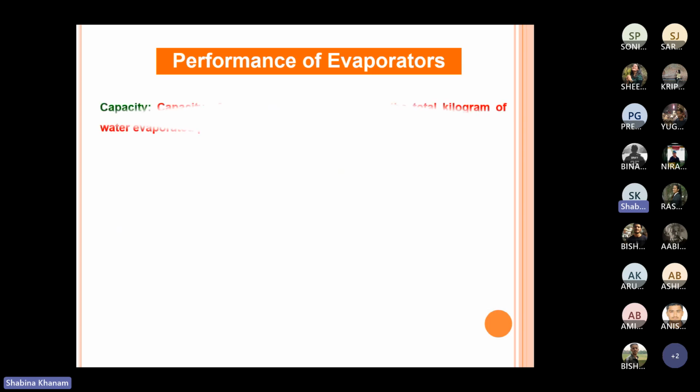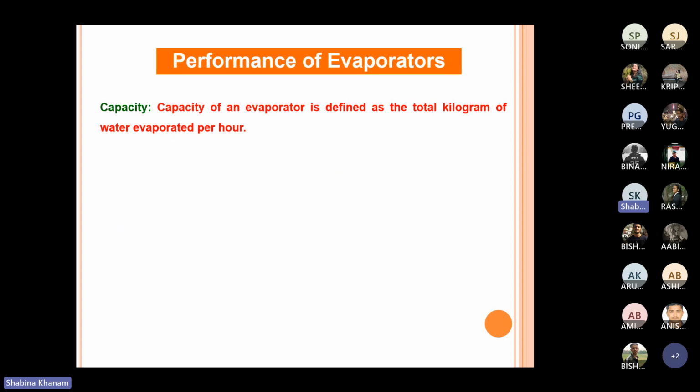In that we have two basic parameters. One is the capacity. When we consider the capacity of an evaporator, it is how many kg of water can be evaporated per unit hour, or in 1 hour how much water we can evaporate, in kgs.